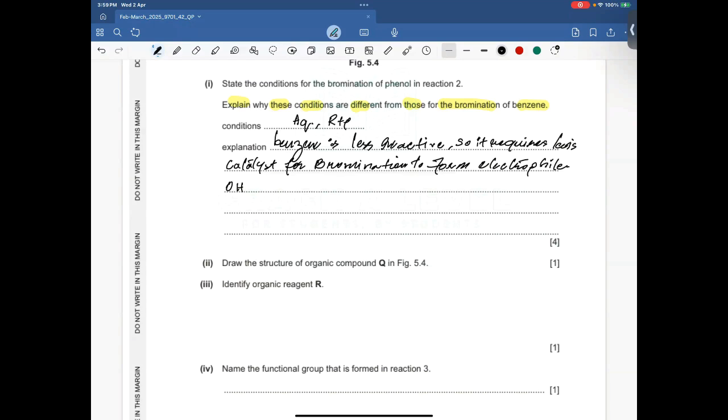OH group in phenol is an ortho-para directing group.